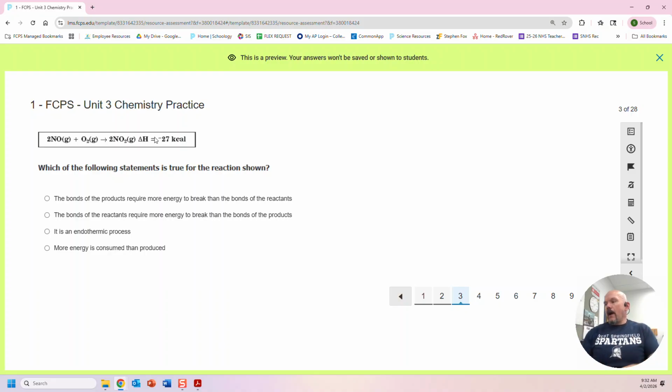So breaking requires energy. Forming is warming. When bonds are formed, it releases energy to the surroundings. And if you're a part of those surroundings, you would feel that energy and you would warm up, right? So forming attractions, bonds in this case, intermolecular forces, whatever, forming attractions releases energy.